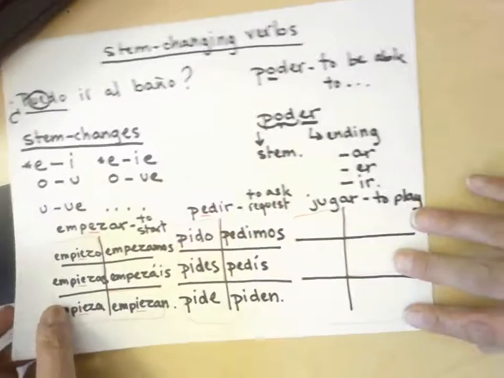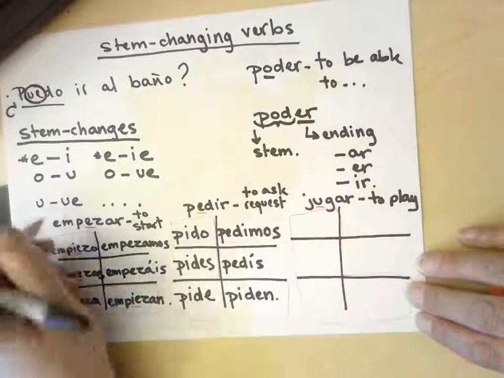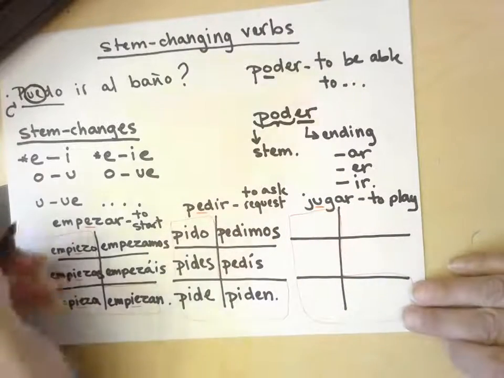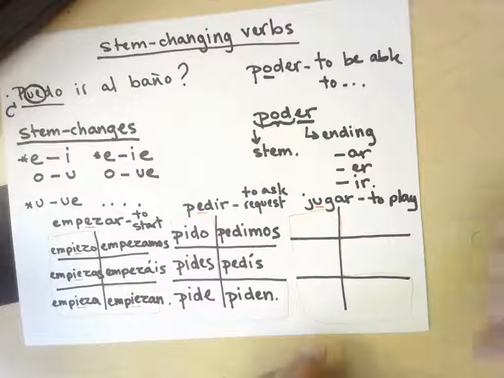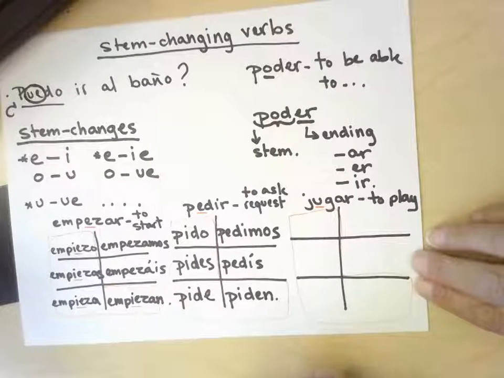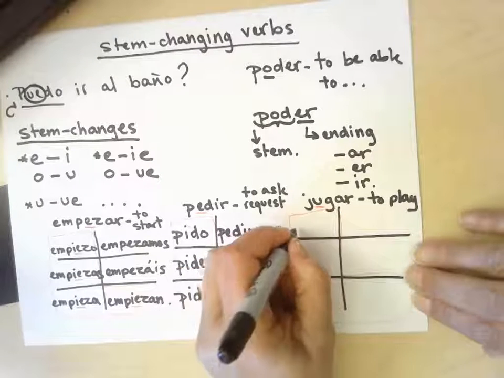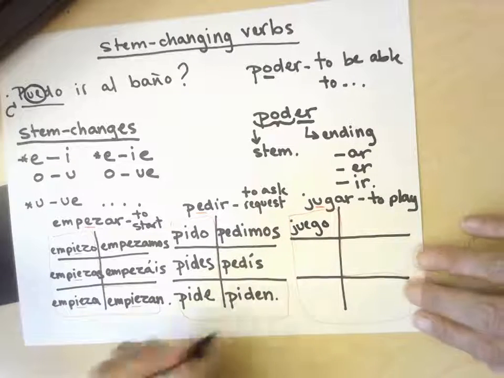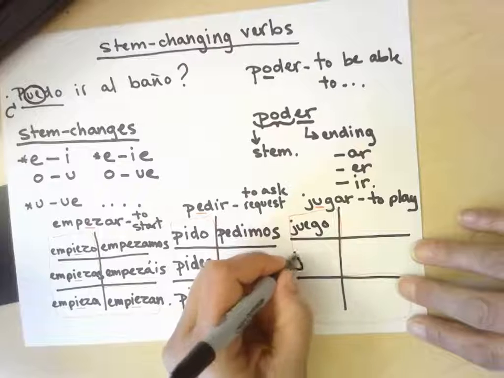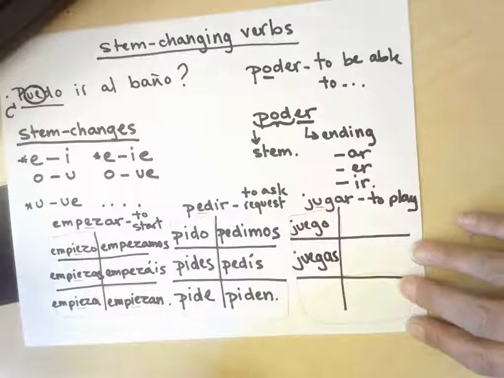Let's take jugar. Jugar is a popular verb. You guys all know it. So, jugar has a U to UE stem change. Let's go back here and asterisk that out. Okay. So, think in your head. How do you say I play video games? Yo juego videojuegos. Tú juegas videojuegos.